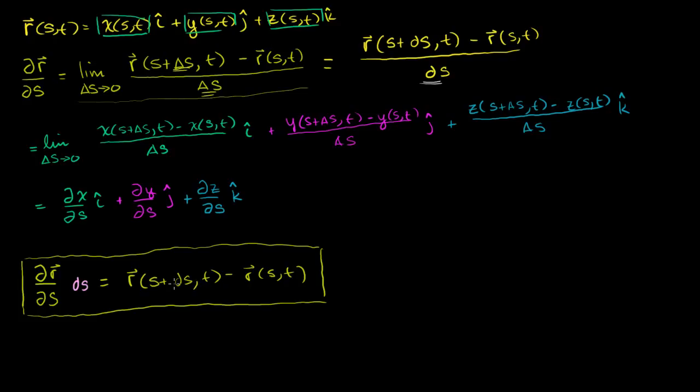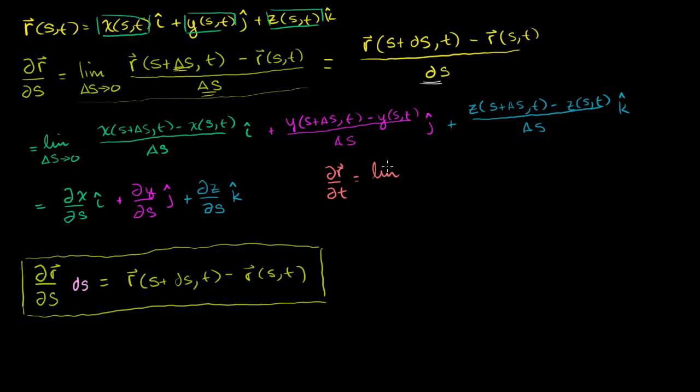By the same exact logic, we can do everything we did here with s. We can do it with t as well. So we can define the partial of r with respect to t. Let me do it in a completely different color. It's orange. The partial of r with respect to t. The definition is just right here.